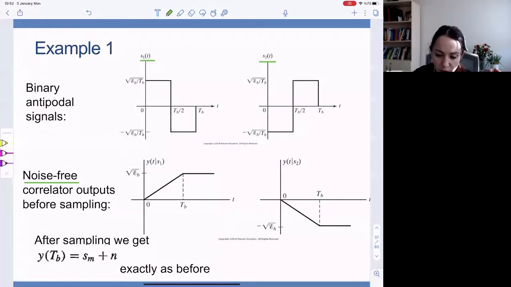So notice that the correlator output is taking S1 multiplied by phi1 and integrating from 0 to T. Okay, what is phi1? Phi1 is a scaled version of S1 in this case. Do you remember what phi1 is? Let's try to sketch it here.